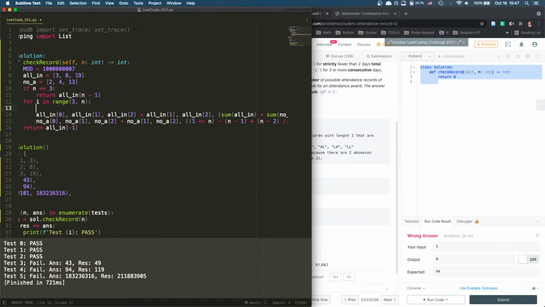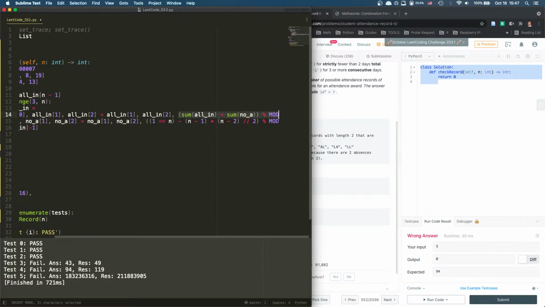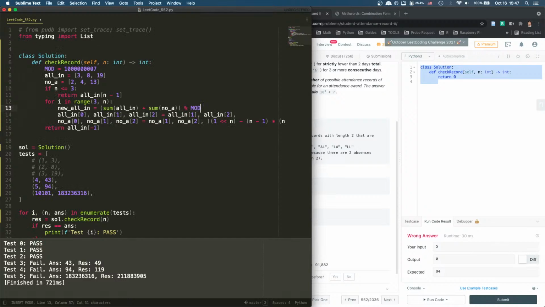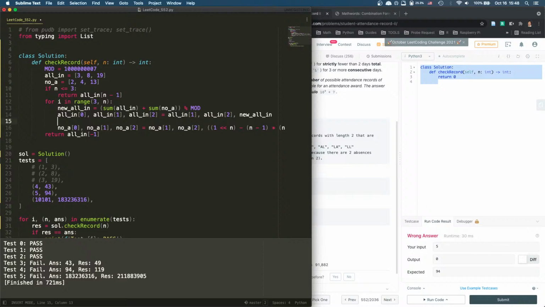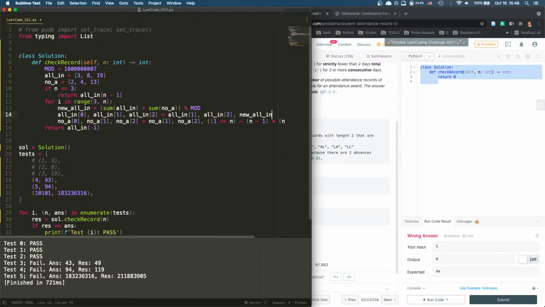New all in equal to this. New all in equal to this. And then this equal to blah blah blah. New all in. But no A is fine. No A doesn't really matter. Try this.